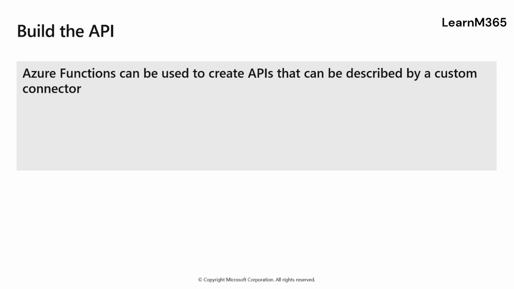You can also use Azure API Management to increase manageability and governance of the APIs. So basically, you are supposed to create an API. You can use Azure Functions and Azure App Service. So here I have mentioned on the slide, Azure Functions can be used to create APIs that can be described by a custom connector. So that is our second step.